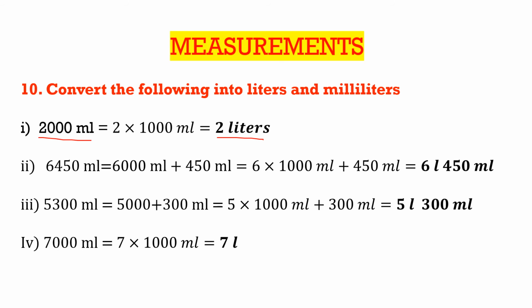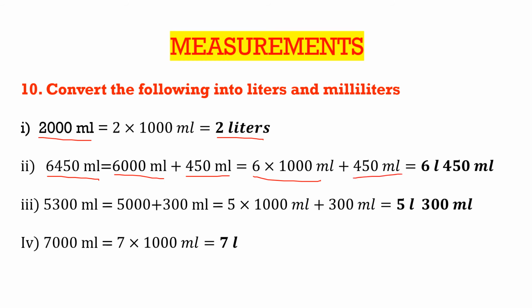Now second bit is 6450 ml. We have to convert 6450 ml into liters and milliliters. So we separate 6450 into 6000 ml plus 450 ml. 6000 milliliter equal to 6 multiplied by 1000 milliliter plus 450 milliliter.